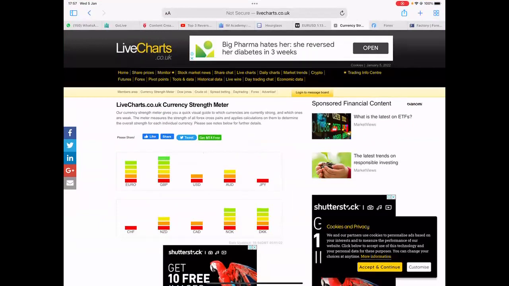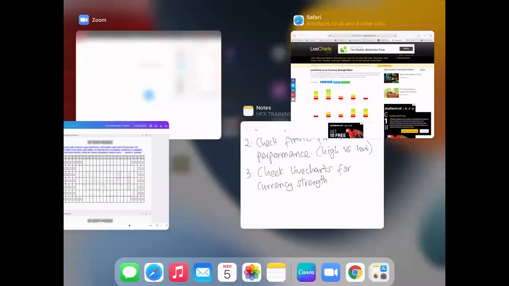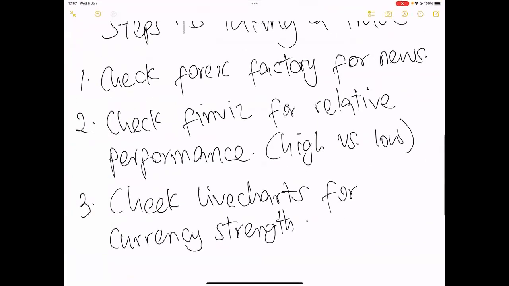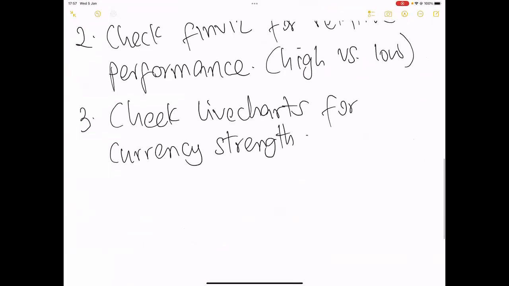Now, all of these things are methods you can follow. However, we now have a website that brings together number 2, number 3, plus the number 4 that I'll tell you now.